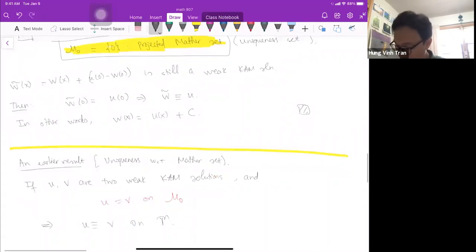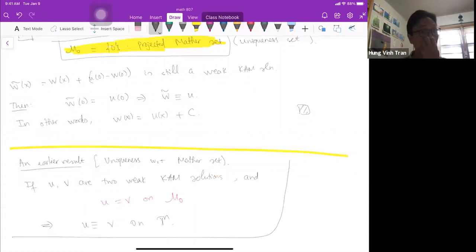That was the earlier result, using the fact that the projected matter set is a uniqueness set. We are using that earlier result. I think we proved it maybe two lectures ago. It's a very deep result, right?